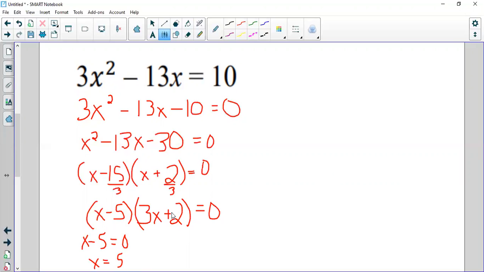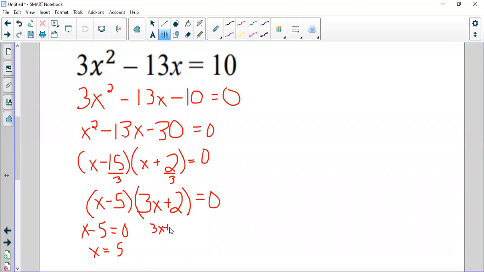Or if this isn't a 0, then this factor is 0. So 3x plus 2 equals 0. Subtract 2 from both sides, get negative 2, then divide by 3. So x would equal negative 2/3.